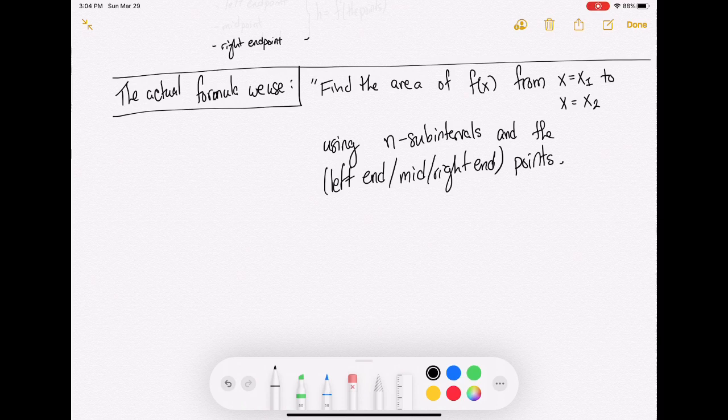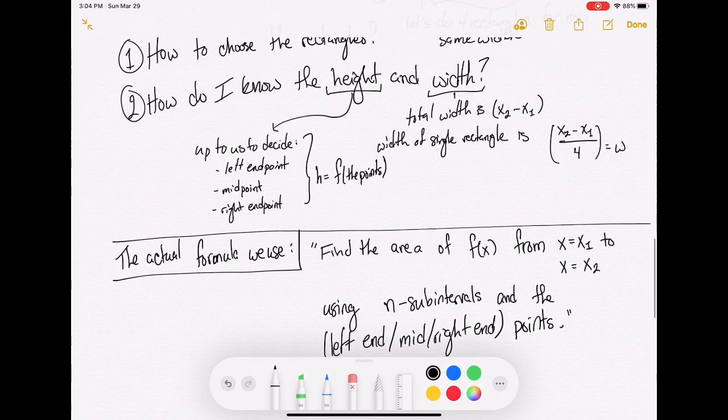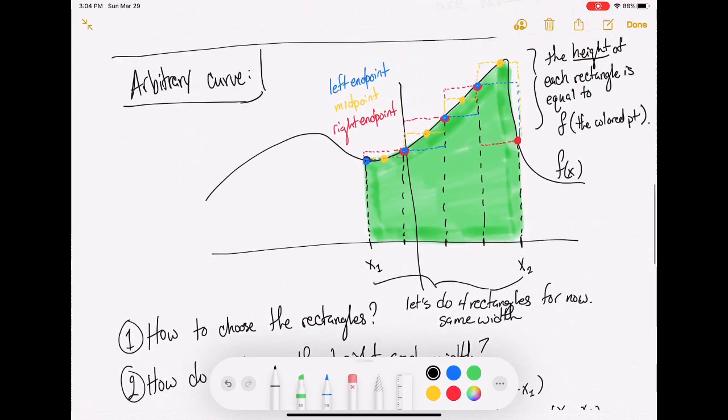So n subintervals, the n is playing the role of the 4 that we saw up here. This was like 4 subintervals.